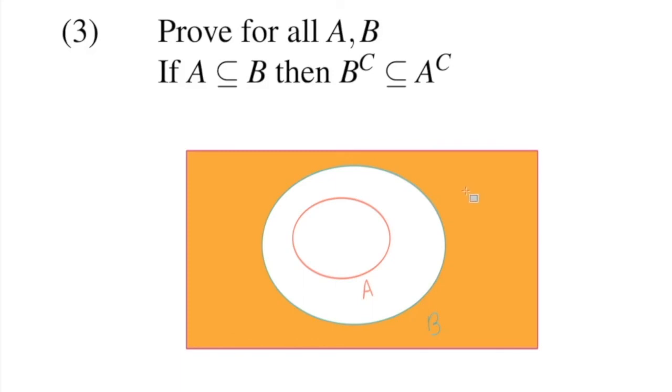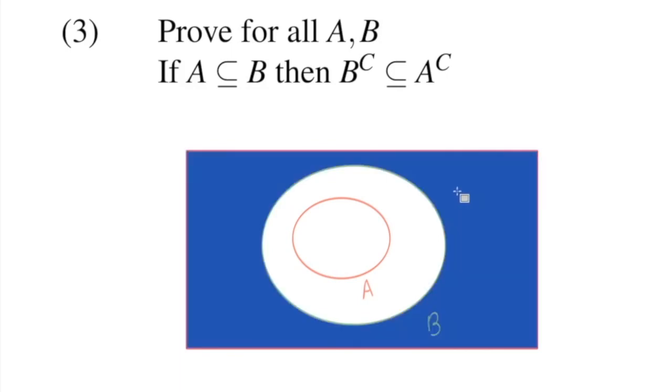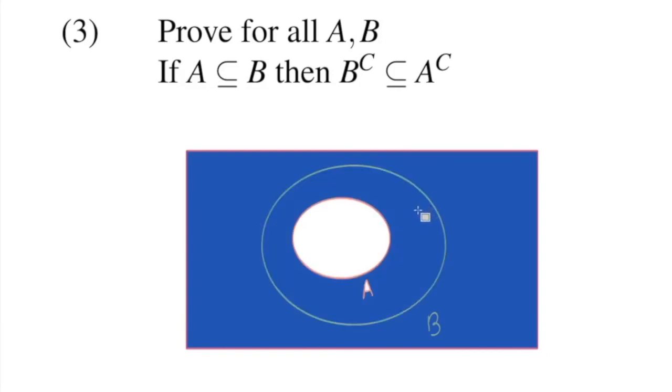A's complement, we're doing in blue now, contains this area because that's outside of A as well, but it also contains this donut shape area here. So B's complement, the area outside of B, is wholly contained within the area outside of A.